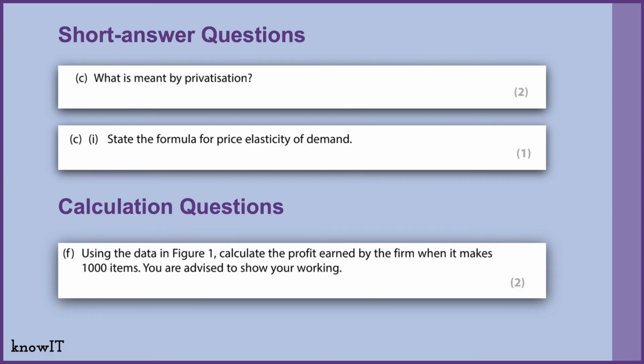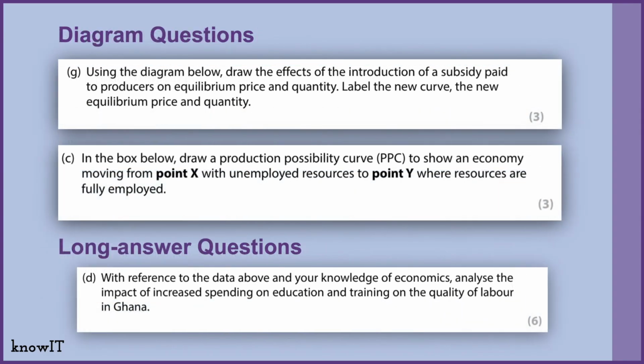And okay, so next we go on to diagram questions, which are another type of question that comes a lot in economics exams. So the first one here: using the diagram below, draw the effects of the introduction of a subsidy paid to producers on equilibrium price and quantity. Label the new curve, the new equilibrium price and quantity.